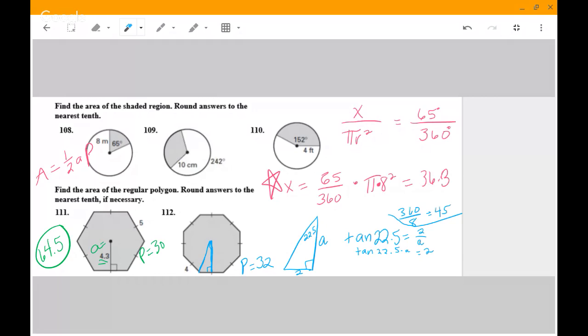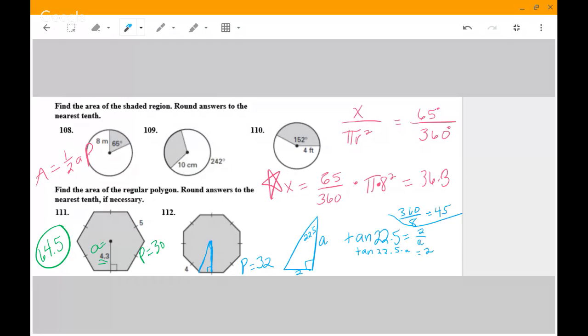You would put all of that under 2? No. Put what under 2? I was thinking you divide it all by 2. The tangent, you divide the 2 by 2, and then you would divide tangent 22.5 times A, but that would leave nothing in the other side of the equation.